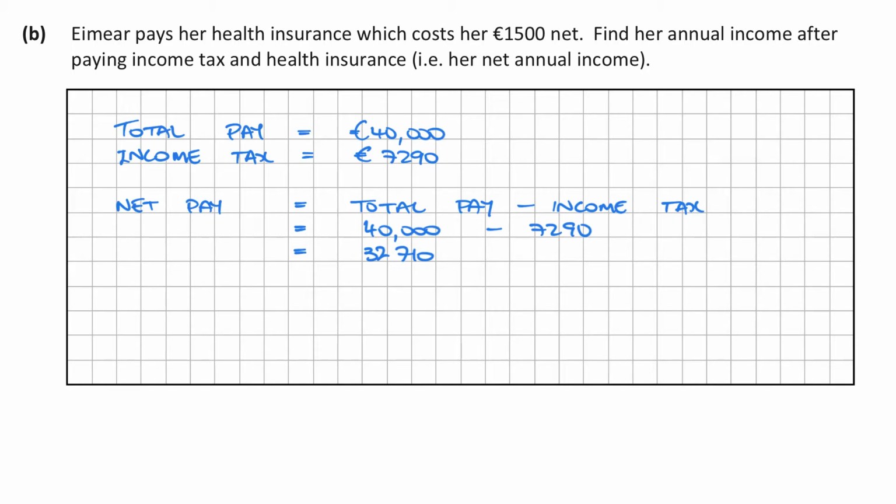Okay, what they're asking us for in this part of the question is her net annual income. Okay, and they tell us there that it's going to be, I'll just highlight that, her net annual income after paying her income tax and her health insurance.